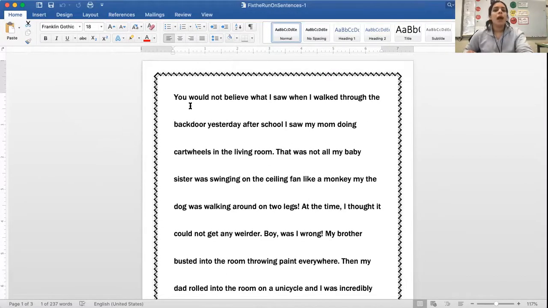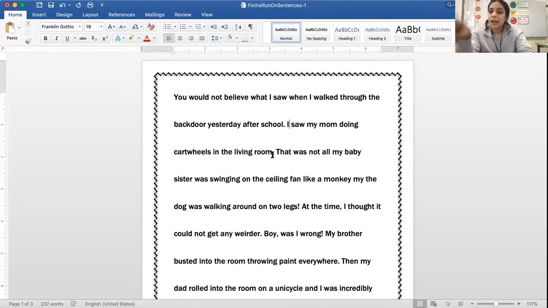So you would not believe what I saw when I walked through the back door yesterday after school. I saw my mom doing cartwheels in the living room. So I'm noticing two subjects, two verbs. You would not believe what I saw when I walked through the back door yesterday after school. Period. I is always capitalized, so that's just coincidentally ready. I saw my mom doing cartwheels in the living room.